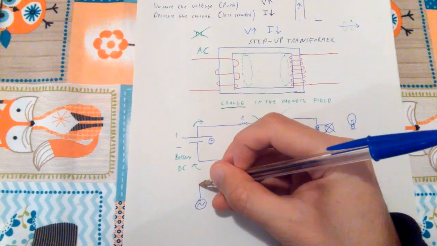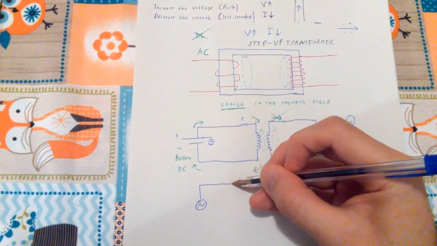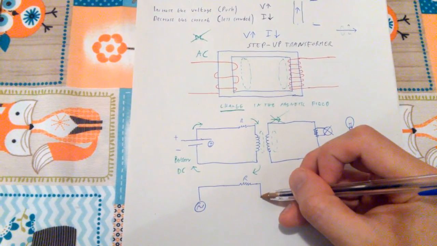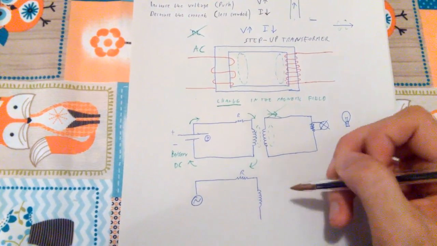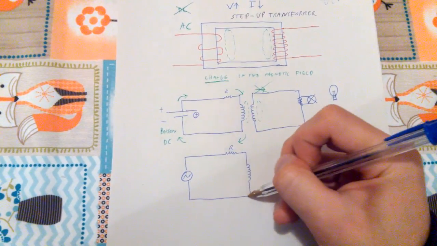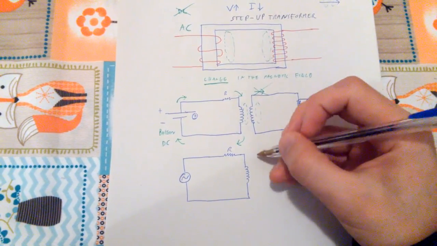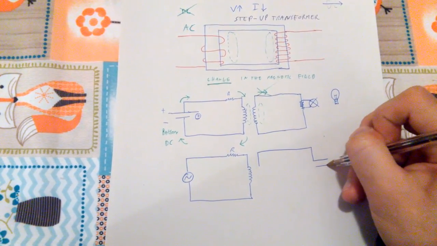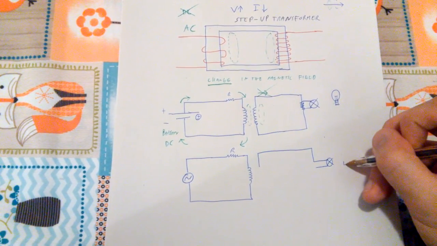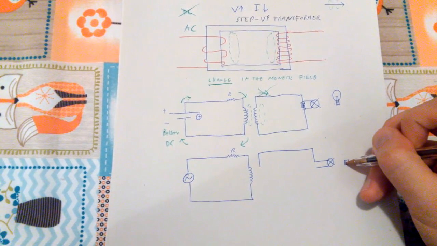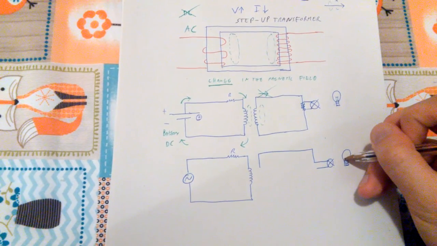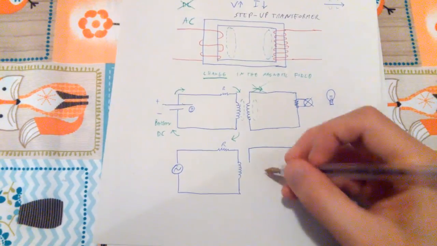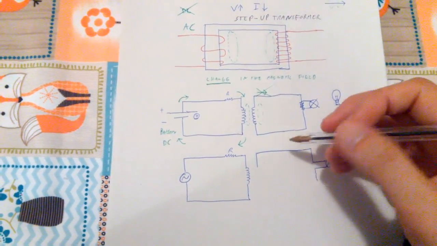So in AC, if I have my exact same resistance and then an inductor and then the end of the circuit, and then I'm gonna have the same thing here, and this is my light bulb.